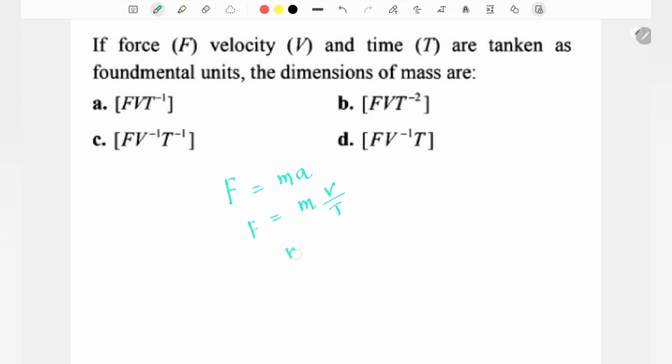By separating m, we get F into T divided by V. So by expressing mass in terms of force, velocity and time, we can write F power 1, V power minus 1, T power 1. So option D is the correct one.